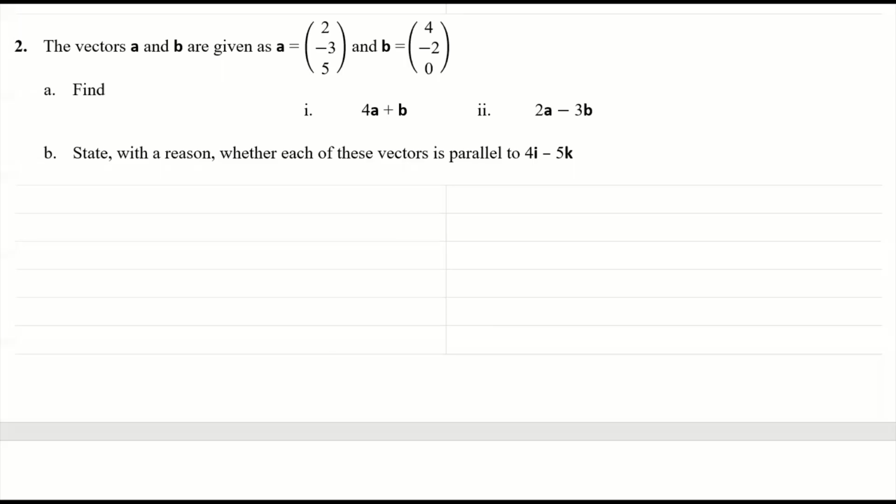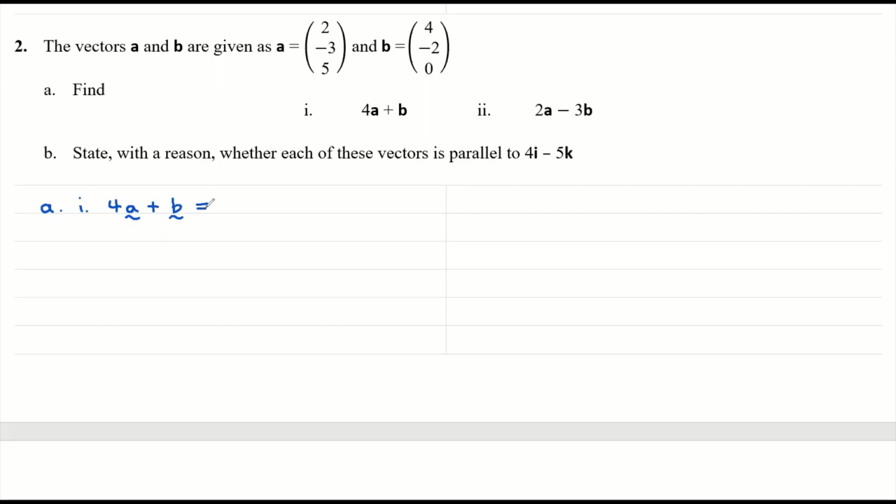Okay, example 2, we've got two vectors a and b given in column vector form, and we have to find two combinations of a and b, linear combinations, in fact. So for part a, part i, we have to find out what 4a plus b is. So I'll just write it down first of all, and we just sub in the vectors.